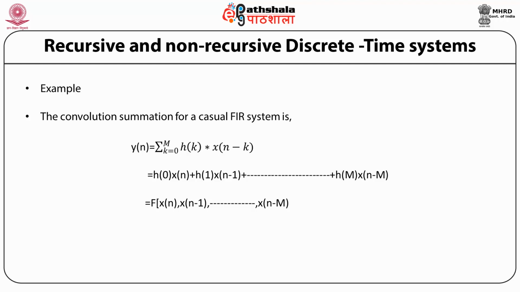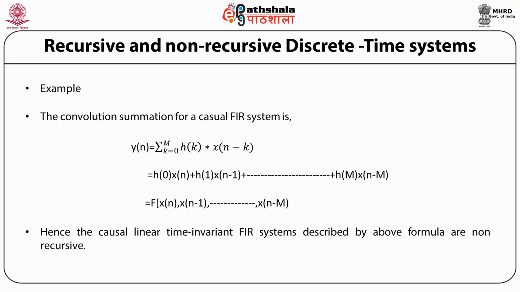So this is represented by the F operator which is acting on x(n), x(n minus 1) and so on up to x(n minus M). Hence, the causal linear time invariant FIR systems described by the above formula are non-recursive.